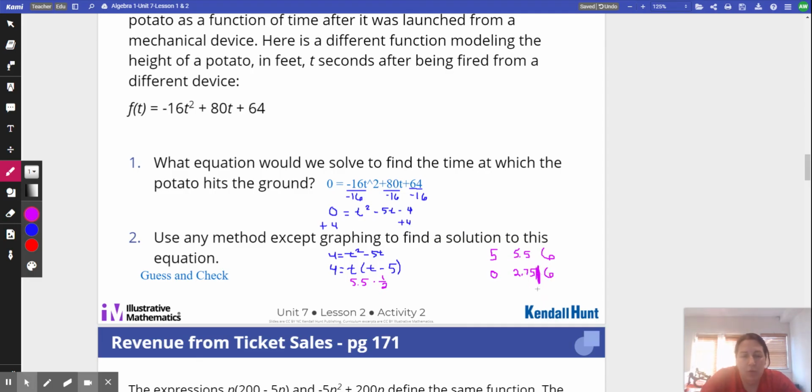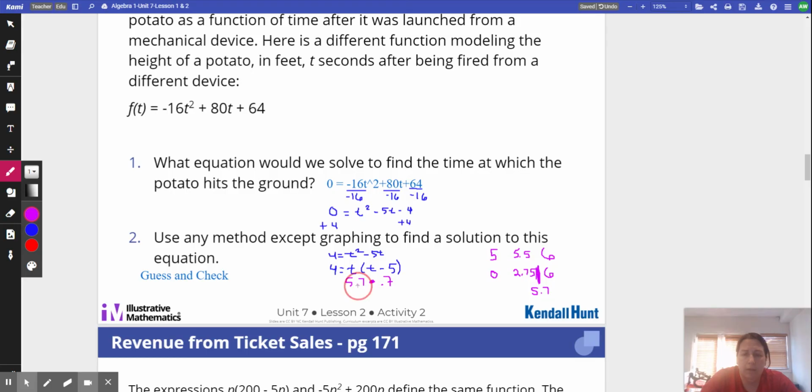All right, let's test out one more number. Let's try 5.7. If I plug in 5.7 for t, 5.7 minus 5 would give me 0.7.